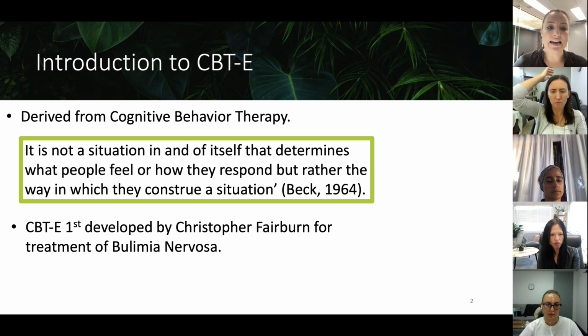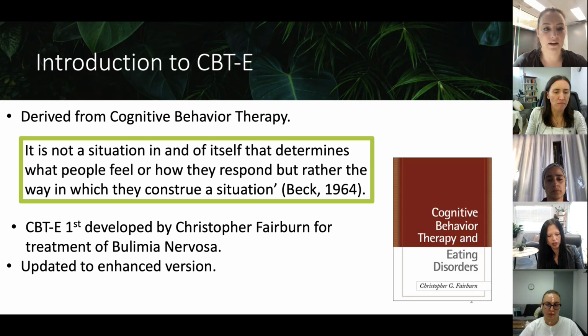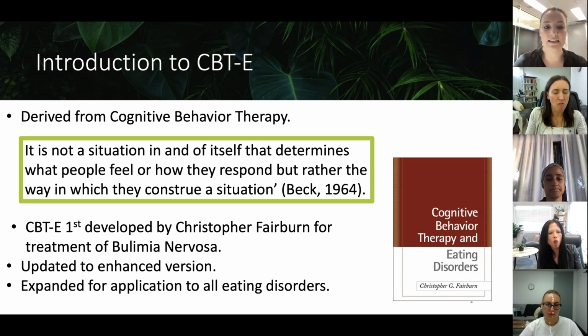CBT-E was then developed by Chris Fairburn, and it was actually called CBT-BN, my apologies, for bulimia nervosa in the 1970s. Then in the early 2000s, it was expanded out to the enhanced version, along with his colleagues Cooper and Safran. And that's the manual as we know it today, and it's now applied to all eating disorders.